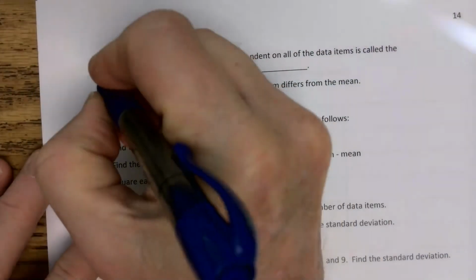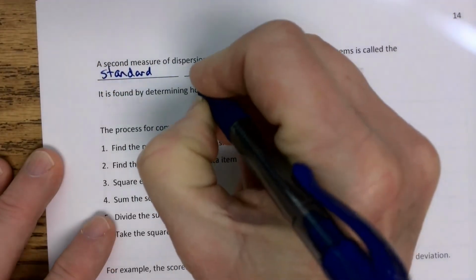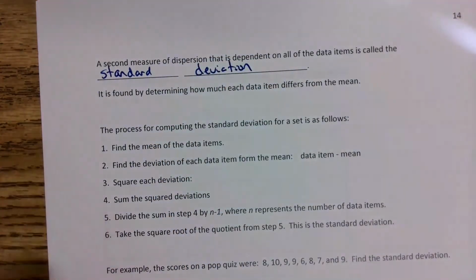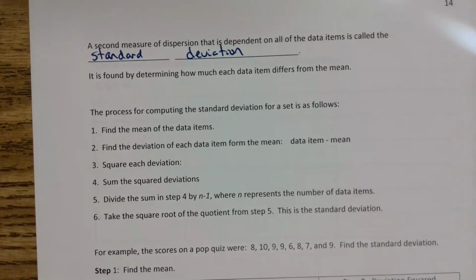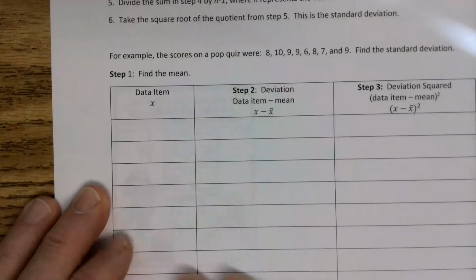It is called the standard deviation. You will have to do this on your homework. And I have put it on a test with a little bit of help, like a table to help you work your way through it.